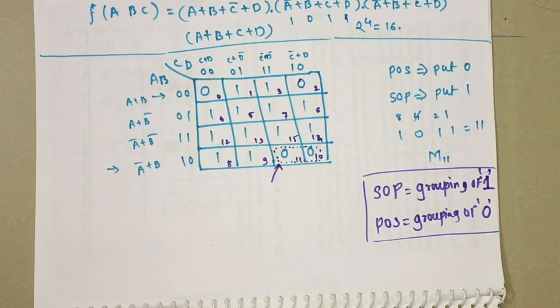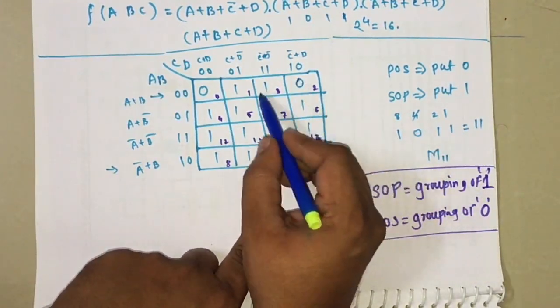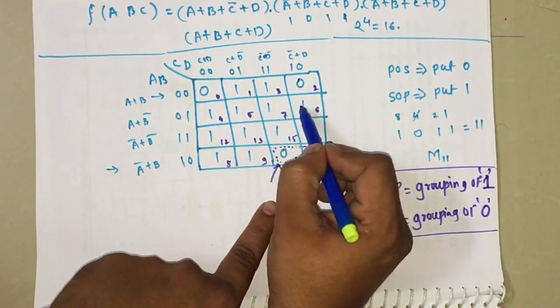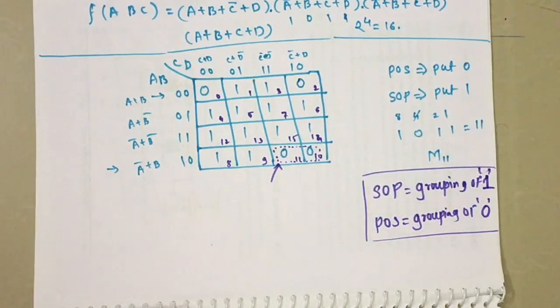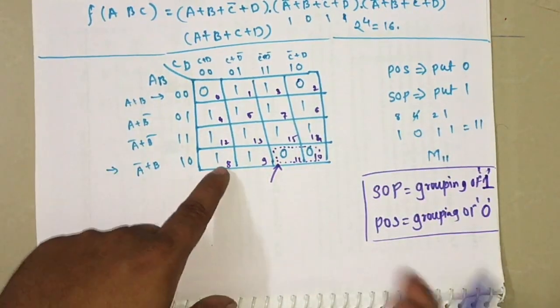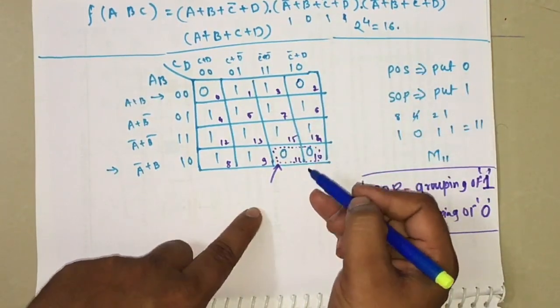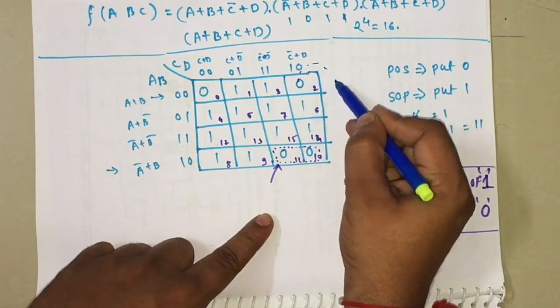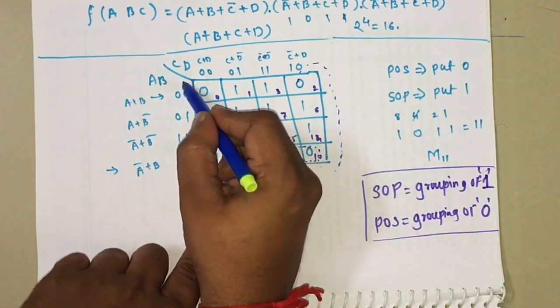According to the rules, first we check whether an internal grouping is formed. Here the internal zeros are not adjacent, so there is no possibility of internal grouping, and we go to external pairing. For external pairing there are two possibilities: either we group these two zeros, or we group these two zeros.